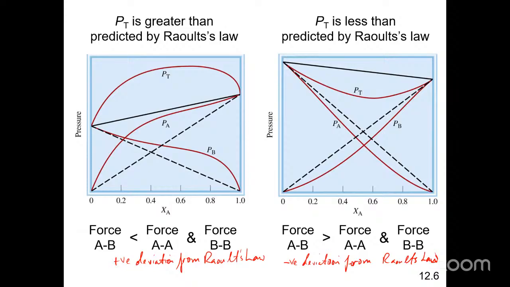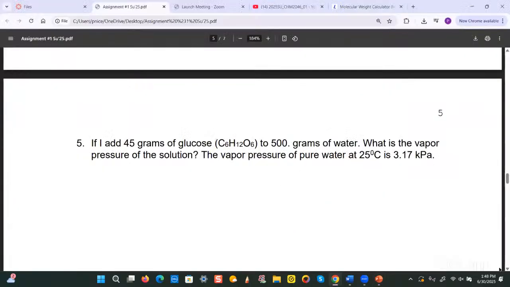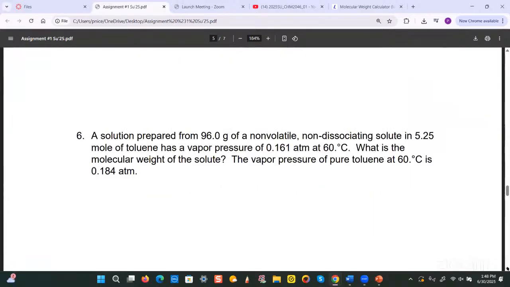Okay, how much time do we have left? Oh, almost done. Okay, I'm going to stop here for today. What you can do in the meantime is try on your own question number 5 and question number 6.